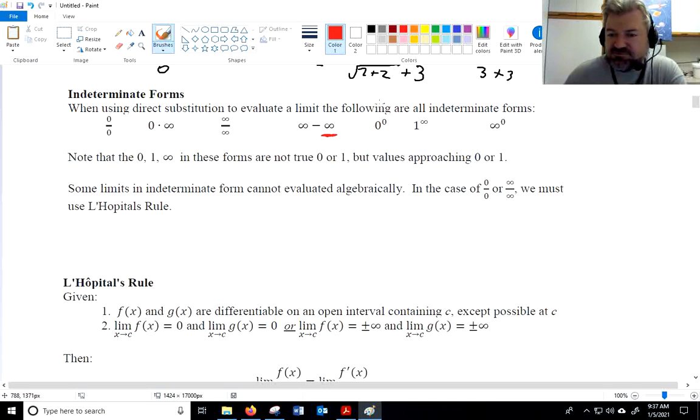And here's something that I don't think we've seen too much of. 0 to a 0 power. Well, we know that anything to the 0 power is 1, but this is a little different situation. Remember, this is a number going to 0 to the power of a number going to 0. And that really is indeterminate. We don't know exactly what that is. Likewise, a number going to 1 to the power of infinity.